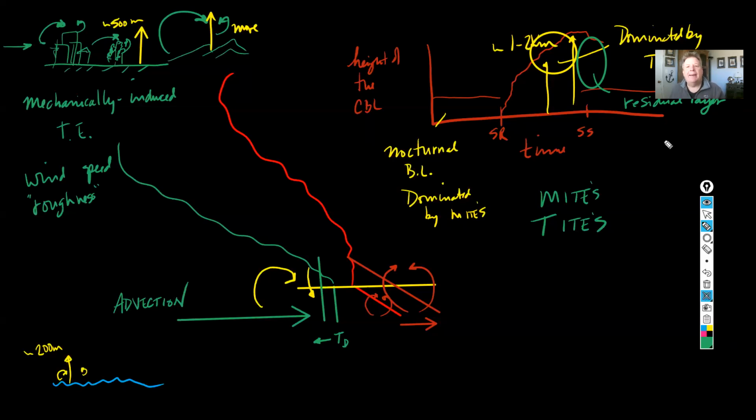They go back to laminar flow and it establishes down here. And the most important thing that happens is you get an acceleration of the winds in this layer. And that's what's known as the nocturnal low-level jet.